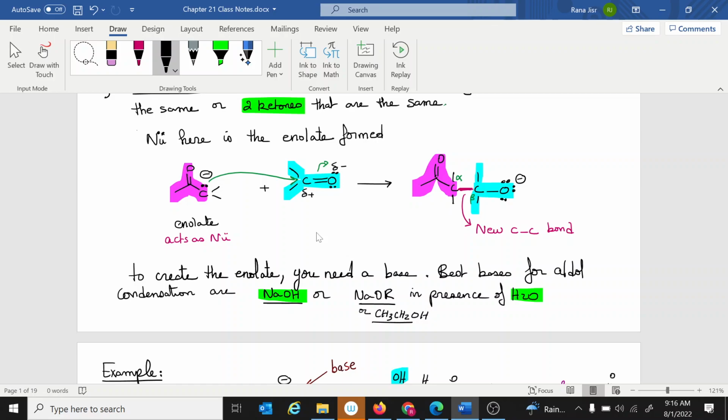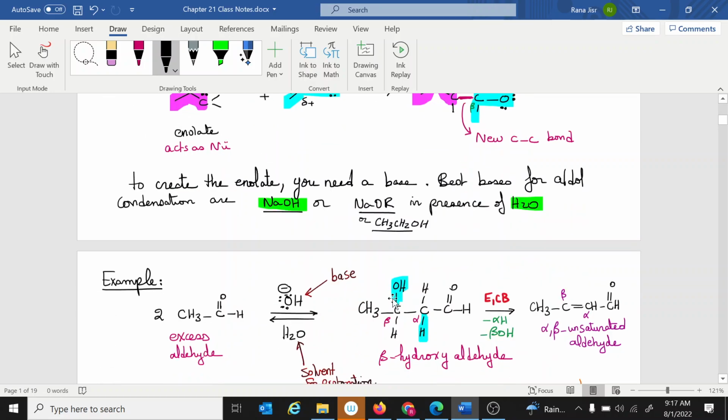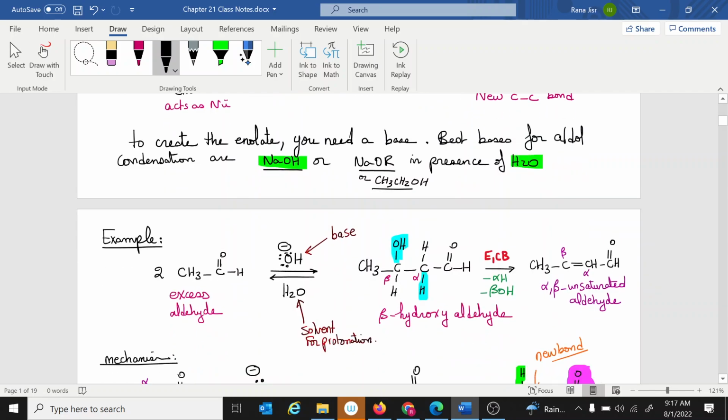If the R is a methyl group, you use methanol. Normally with sodium alkoxide, the best solvent is not water, it is an alcohol. Sodium hydroxide is used best with aldol condensation, but I can also use NaOR, and the reaction proceeds the same.